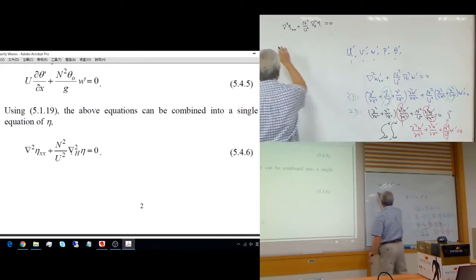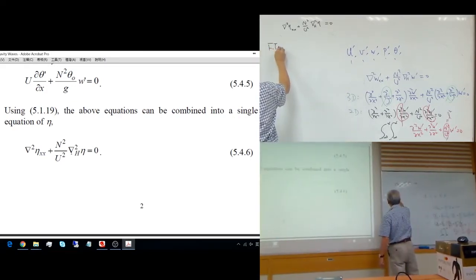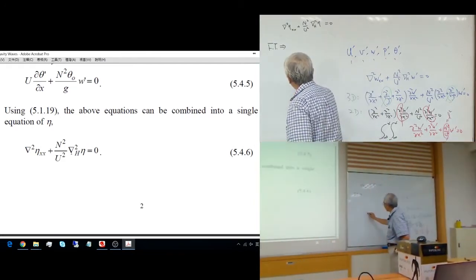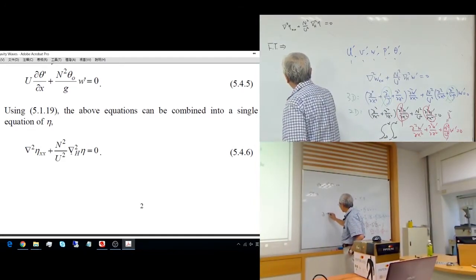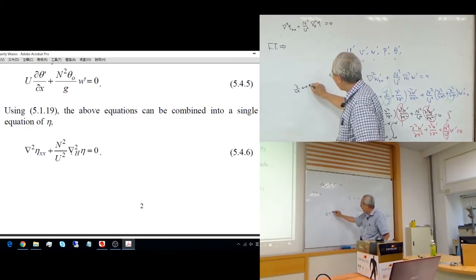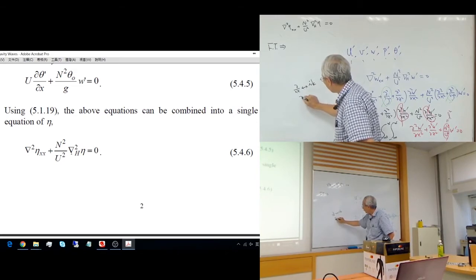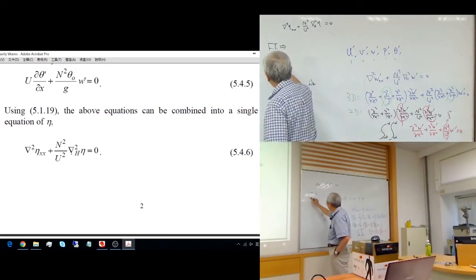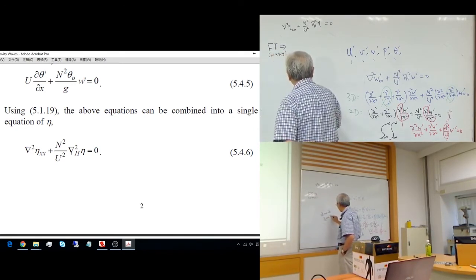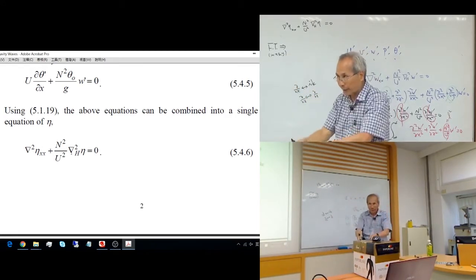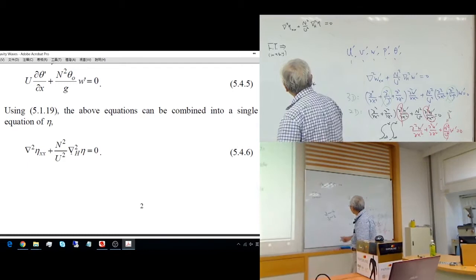Then the Fourier transform. Partial x corresponds to ik, and partial z stays partial z, because we do not do the Fourier transform in the z direction.